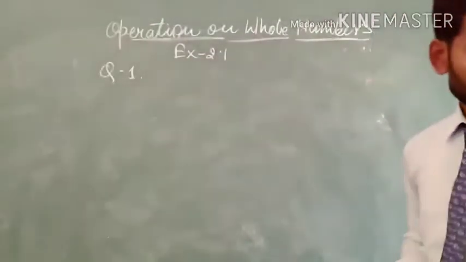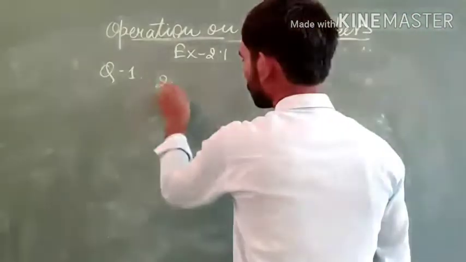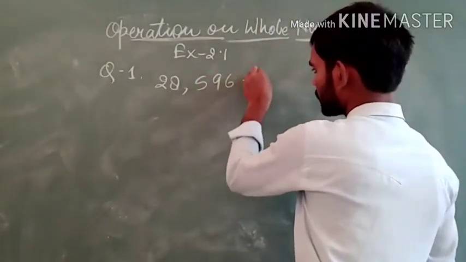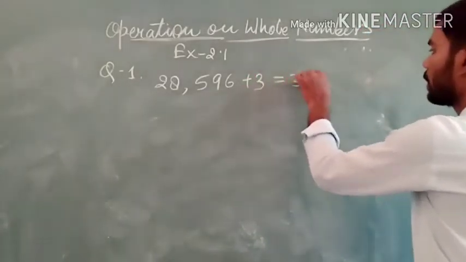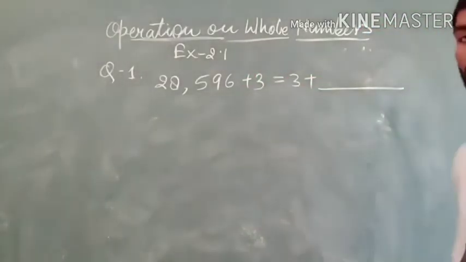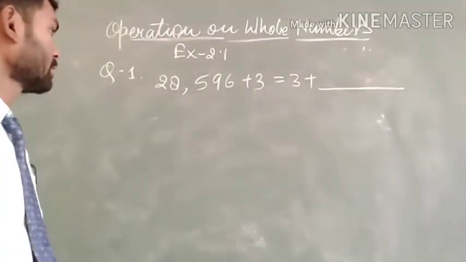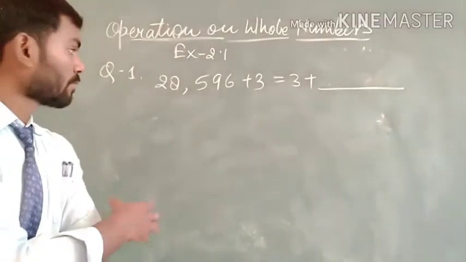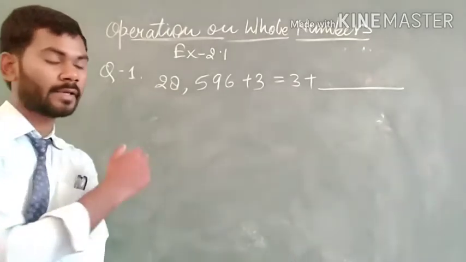The first question is 28,596 plus 3 is equal to 3 plus dash. This is the given question. In this question, we have to find which property is applied here.